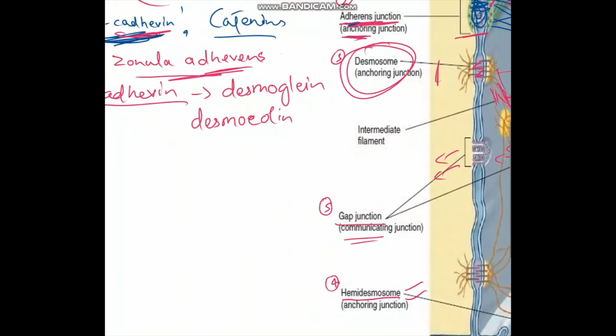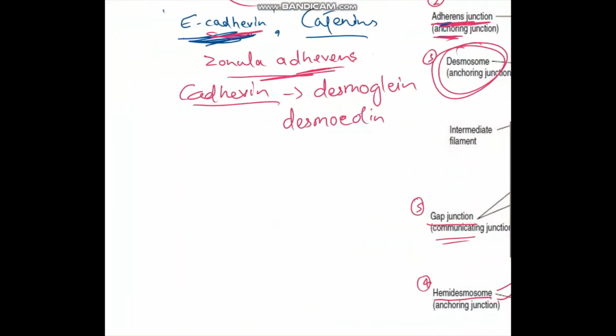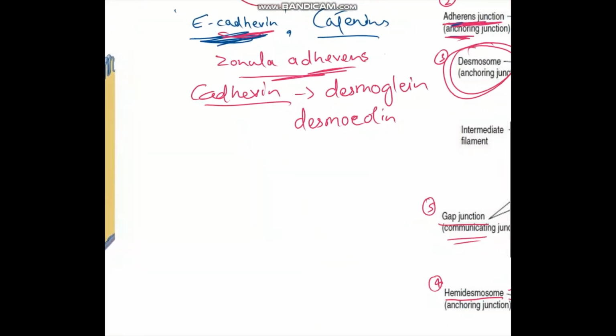And these junctions are made up of channel proteins called connexins. These join up to form connexons, which are the channels through which the molecules pass.